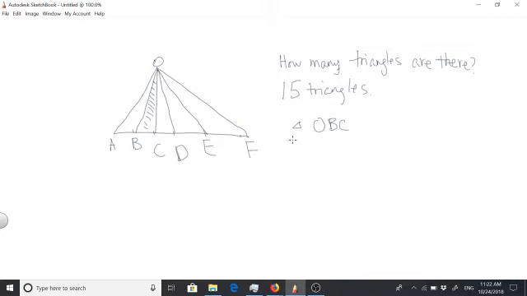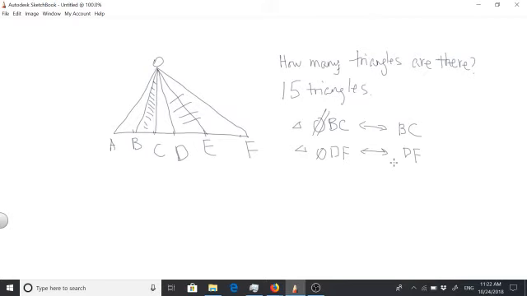Each triangle has a vertex O, like O, D, F, like these type of triangles. The O is always there. So if we disregard O, then the triangle is determined by the segment BC and DF, like this.